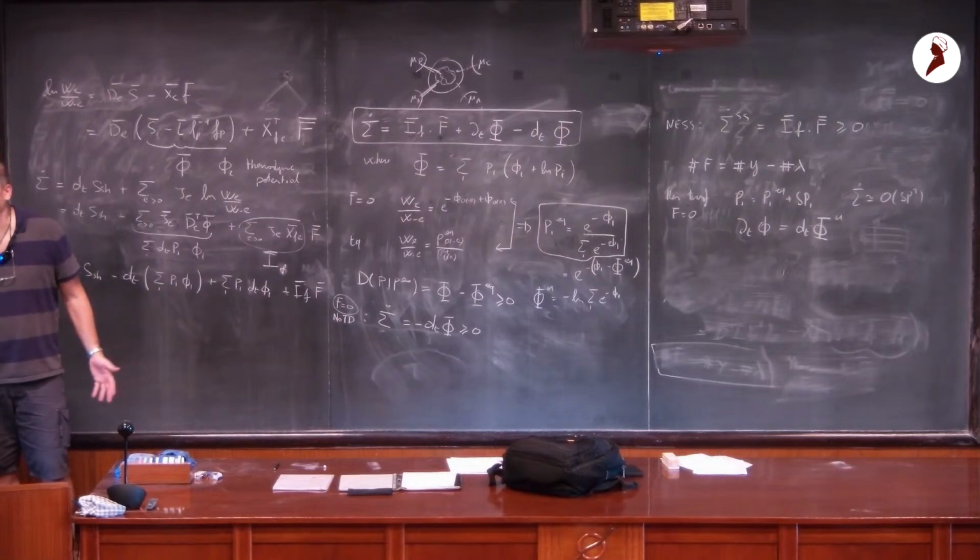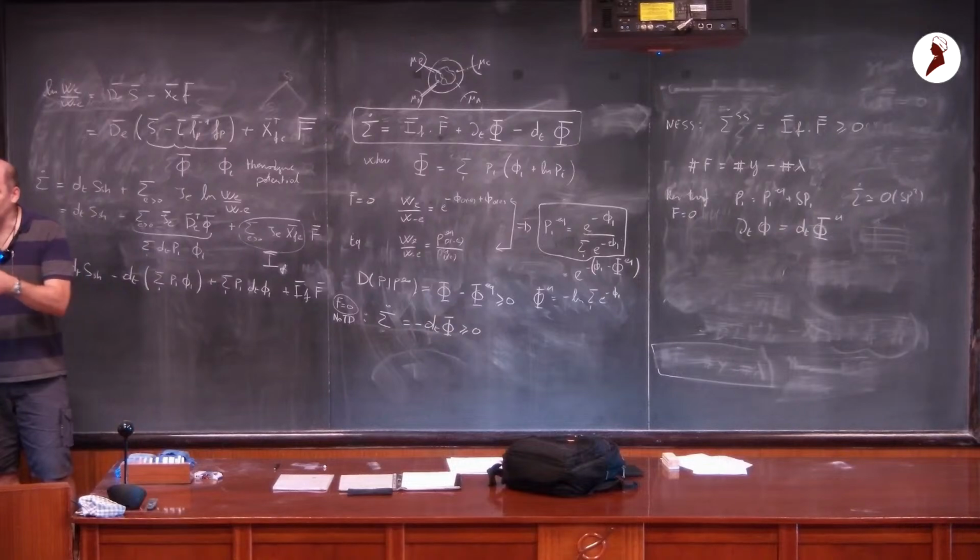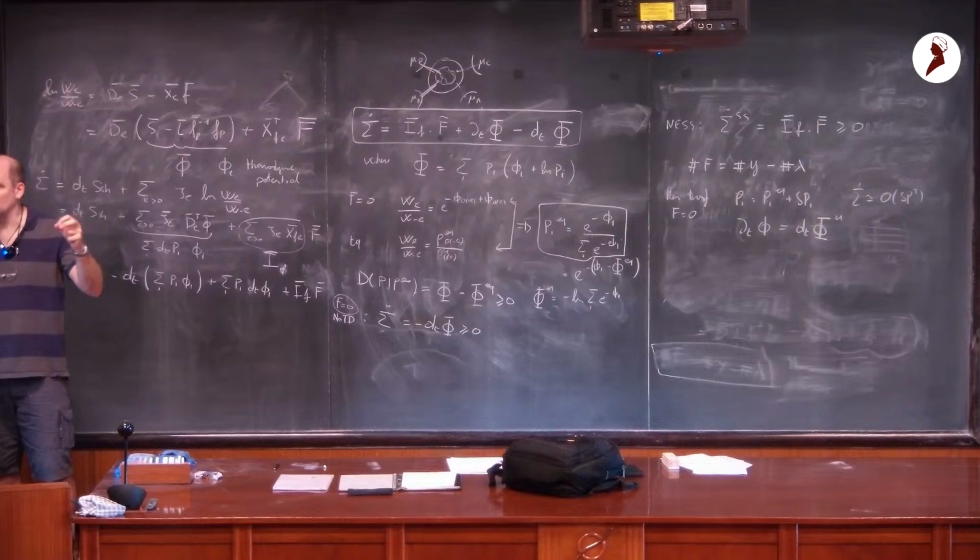Chemistry is another example where it matters, because when you have a chemical reaction, you start from, let's say, a molecule that breaks in two. The initial molecule has a given free energy: energy, enthalpy, and entropy.